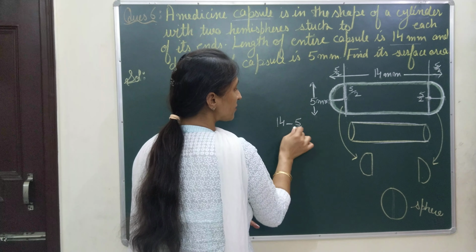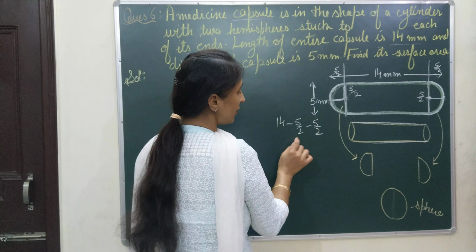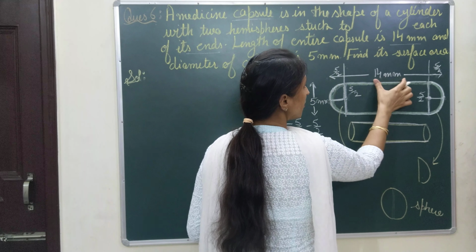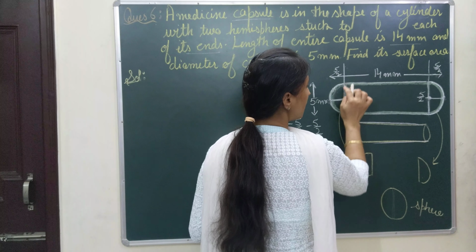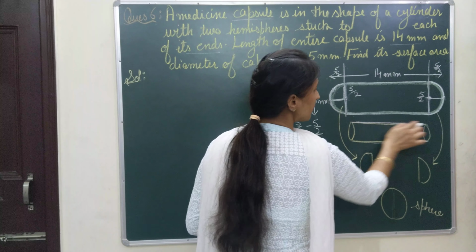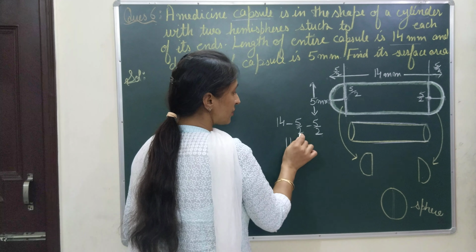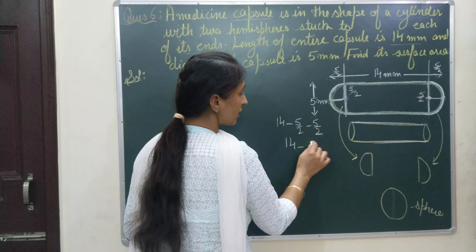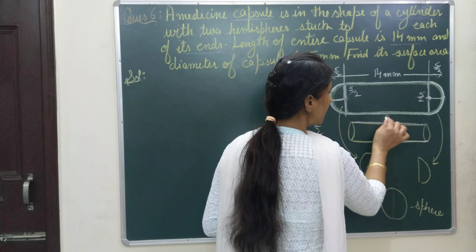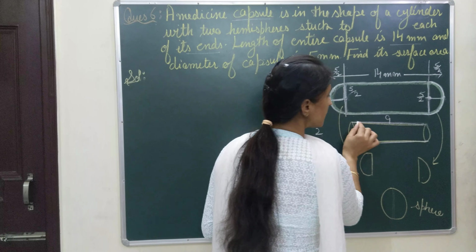So when I subtract both the radii from these ends, what will I be left with? I will have the height of this cylinder. 5 by 2 and 5 by 2 make a complete 5. So it is 9. So I have 9 as the height for this cylinder.